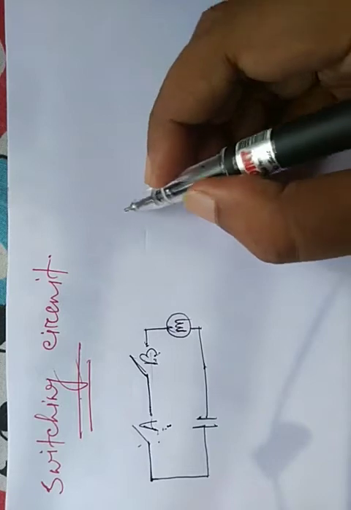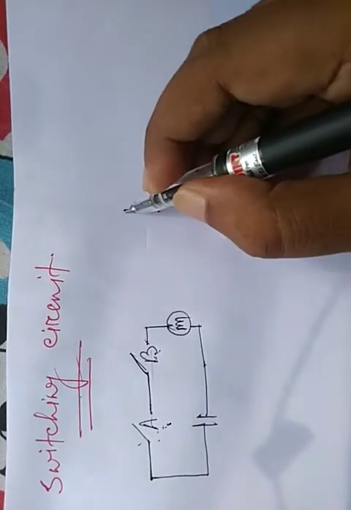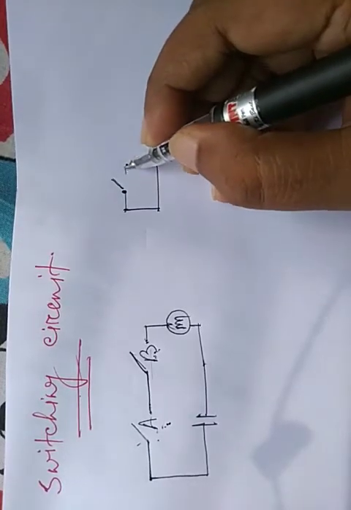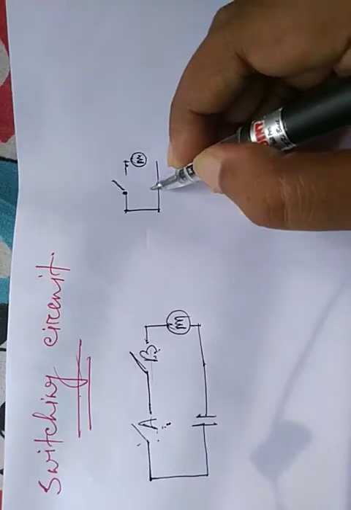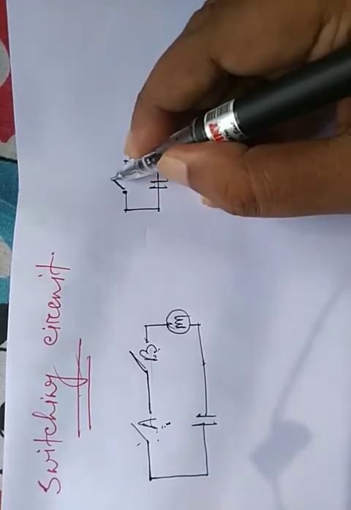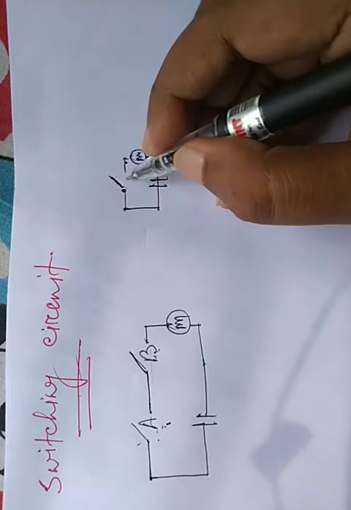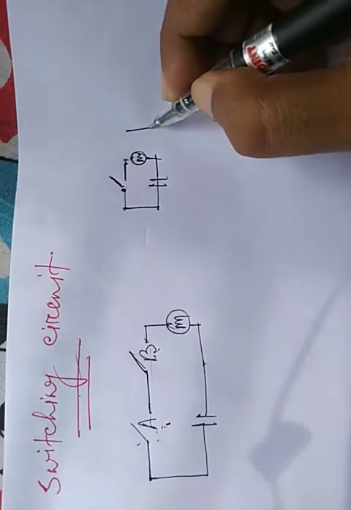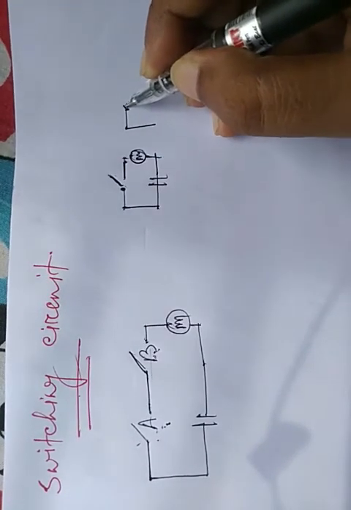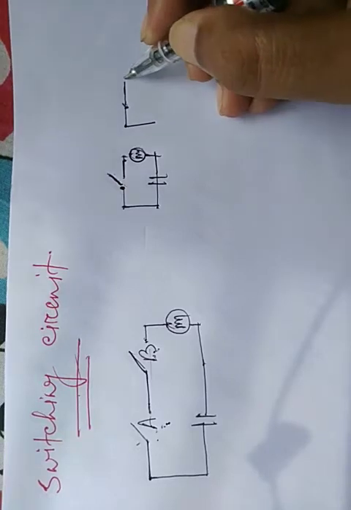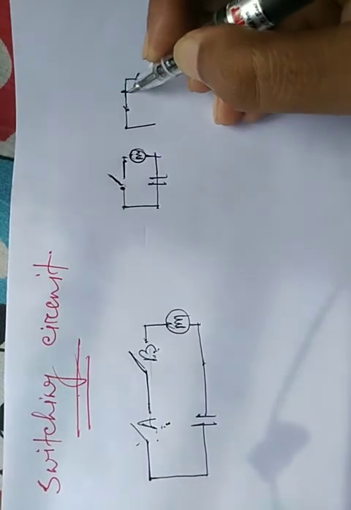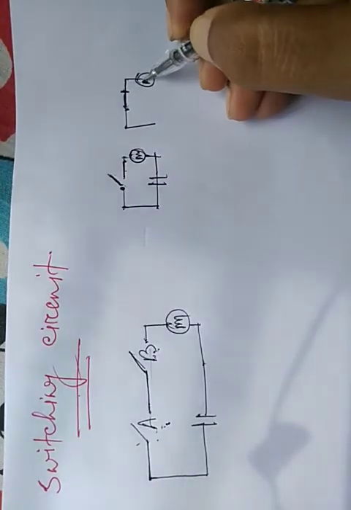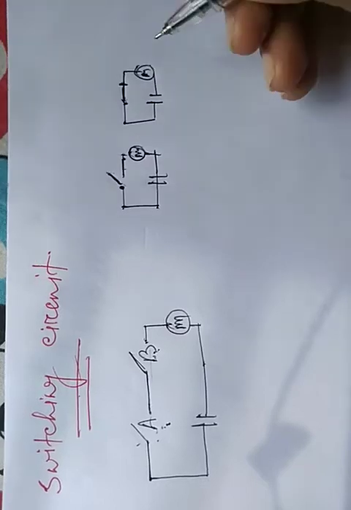Whenever in a circuit, suppose this is a switch, here is a bulb, and here is a battery. If the switch is open, then there is a disconnected path, so the bulb will not glow. But if the switch gets closed, like this way, then the path is closed, and the bulb will glow.